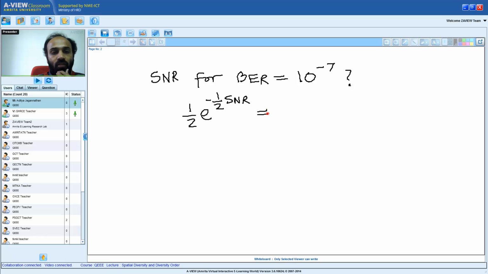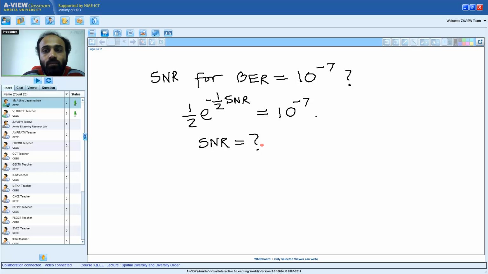That is, we have half e to the power of minus half SNR equals 10 to the power of minus 7. I am asking what is the SNR value required?